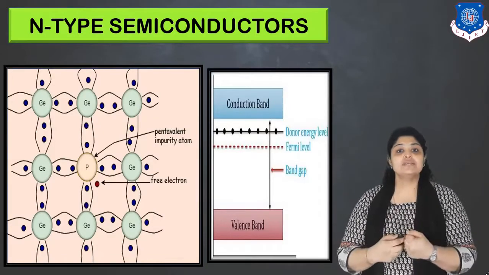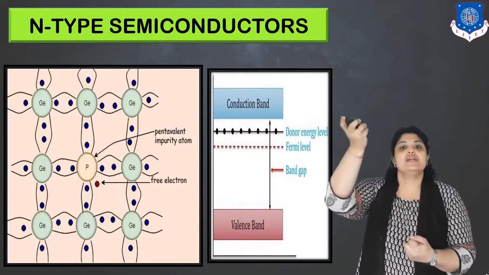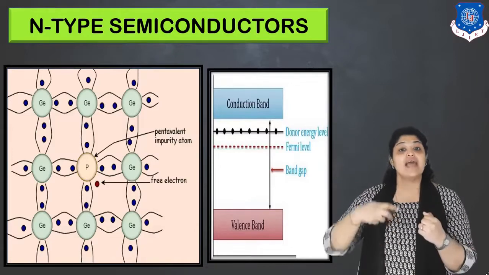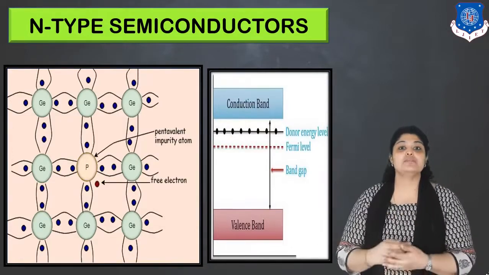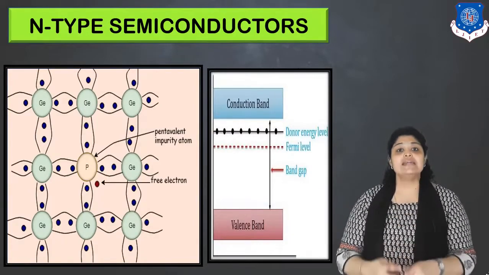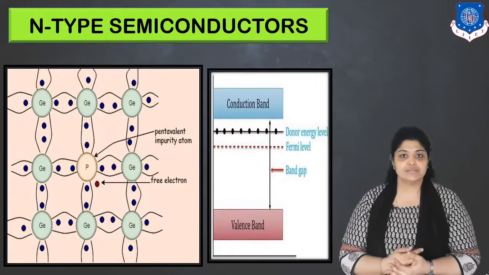So what happens? The free electrons of this impurity move to the conduction band at room temperature or when energy is given, and so we have more electrons in the conduction band of germanium. And that is the reason we say n-type semiconductors have electrons as majority carriers.